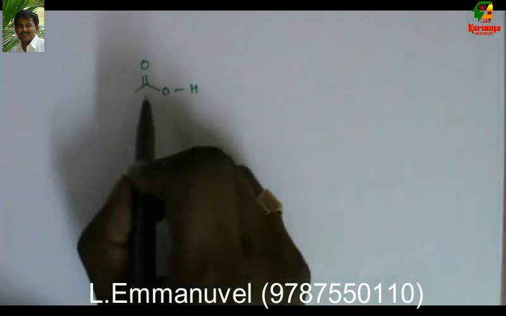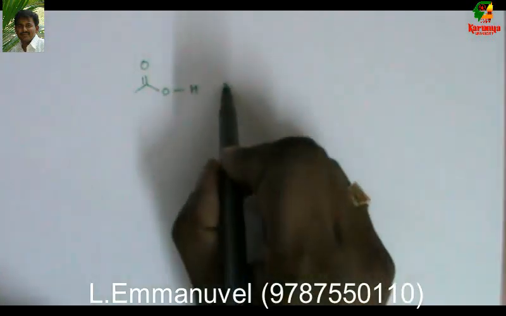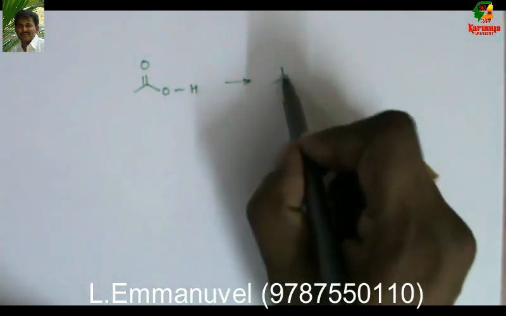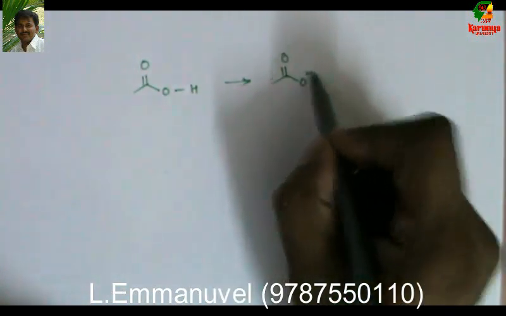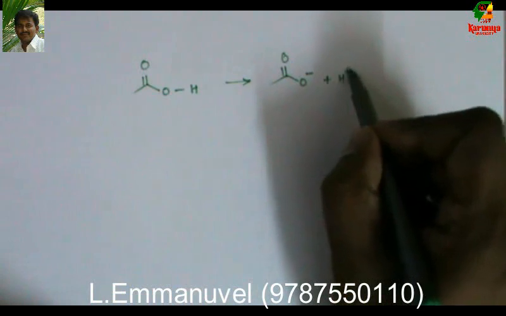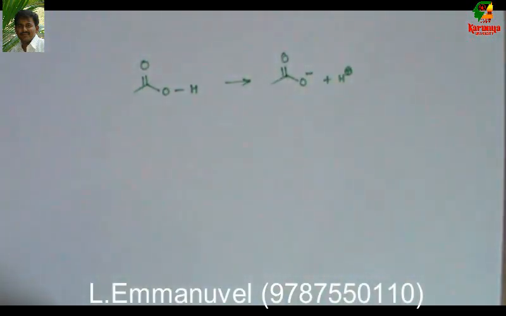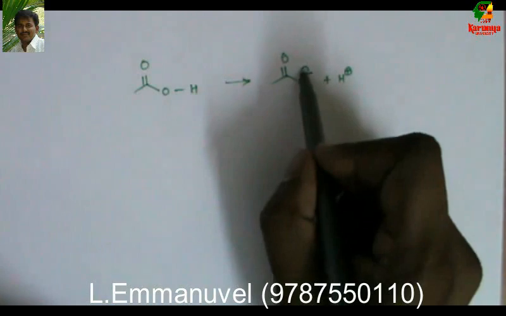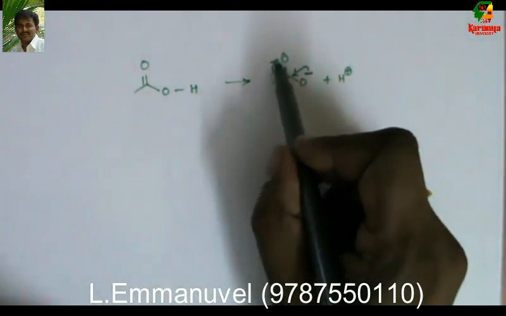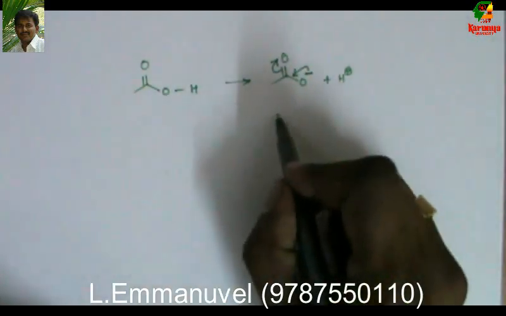First, let us take acid. This acid dissociates in solution to give acetate and H plus. So there is minus charge on this oxygen. But the nucleophilicity of this oxygen is very low since it is involved in resonance.